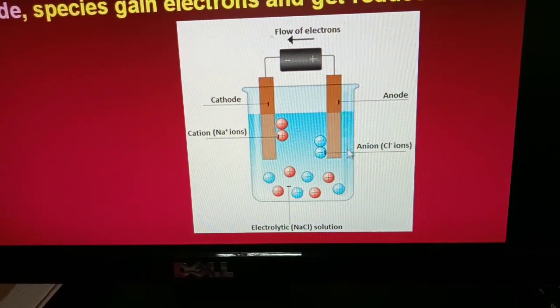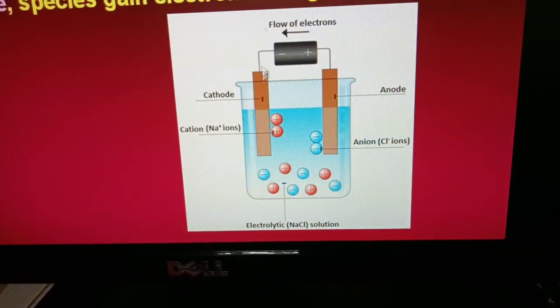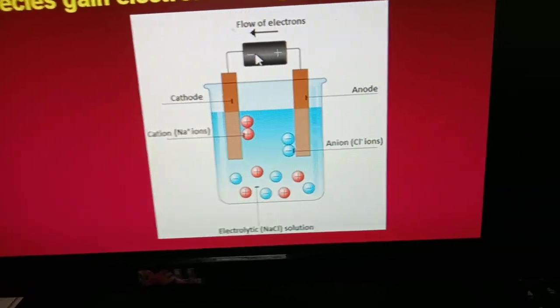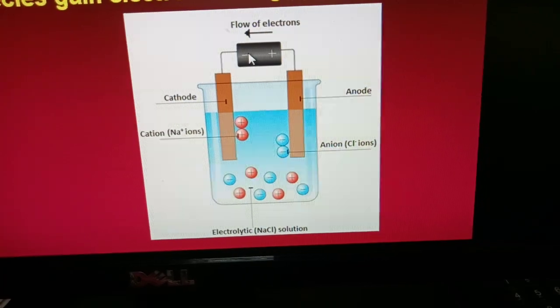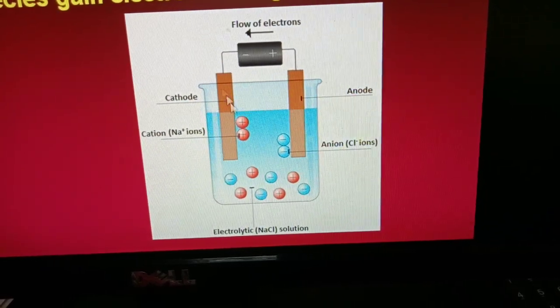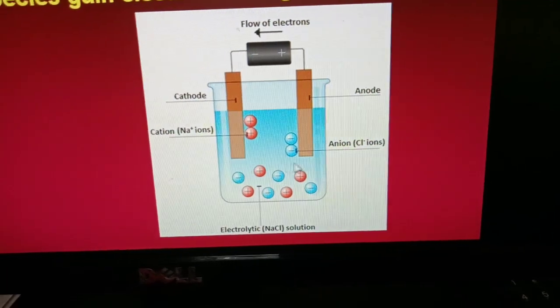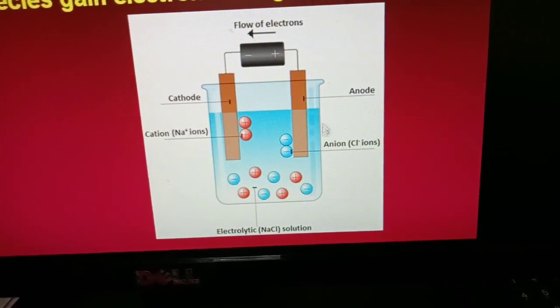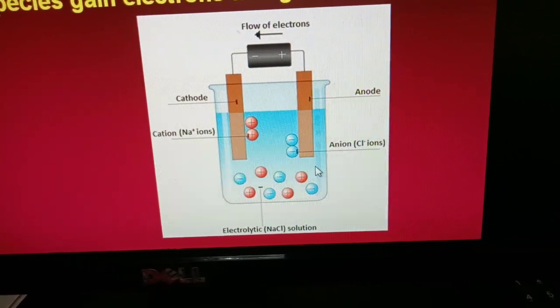The anode, which is the positively charged electrode, is connected to the positive terminal, whereas the cathode, which is the negatively charged electrode, is connected to the negative terminal of the battery. At the anode, a species oxidizes with the removal of electrons, whereas at the cathode, a species gains electrons and gets reduced.